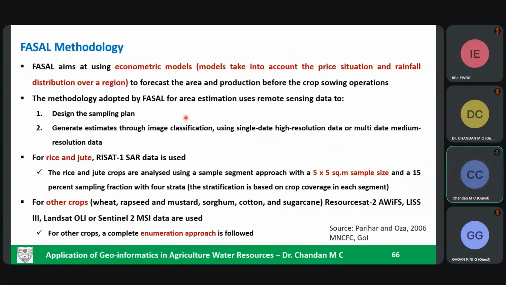Here you can see the successful FASAL implementation for rice and jute, because India is one of the major rice exporters for the world.